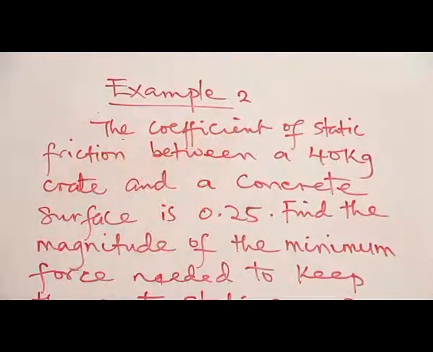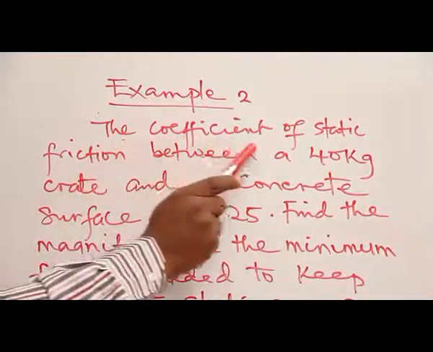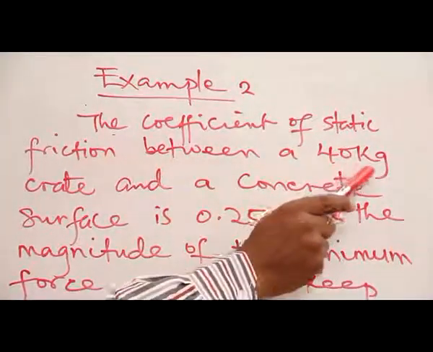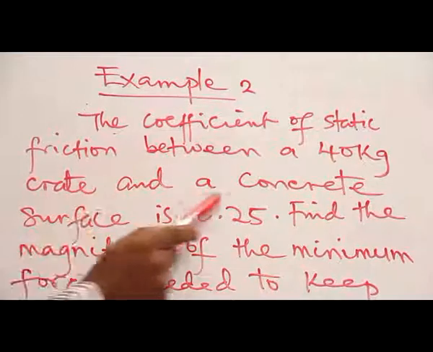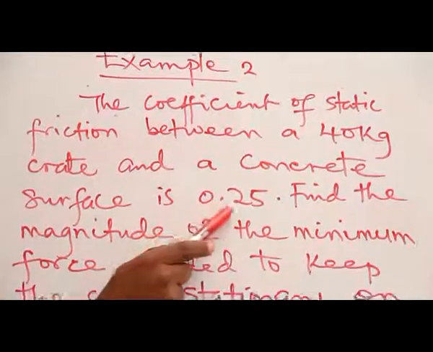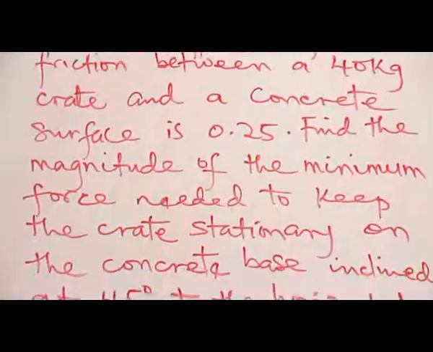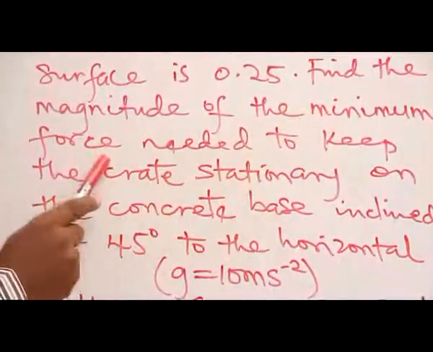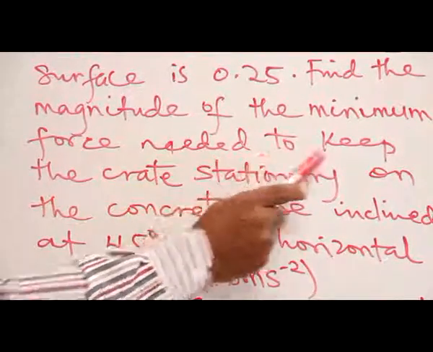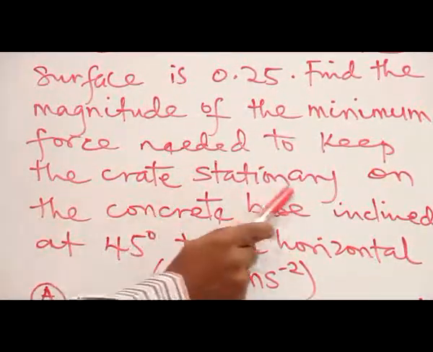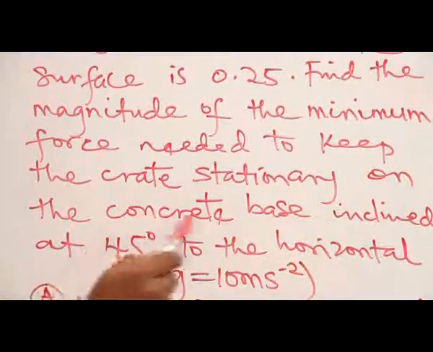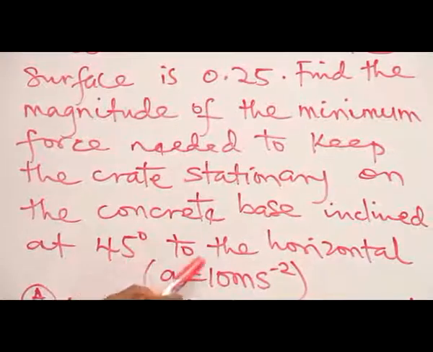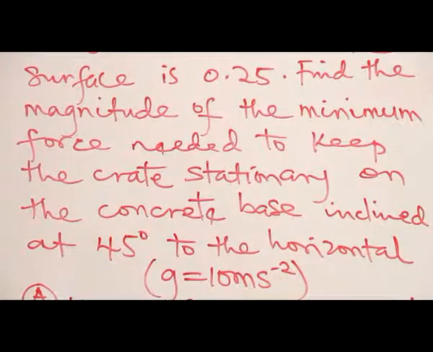Example 2. The coefficient of static friction between a 40 kilogram crate and a concrete surface is 0.25. Find the magnitude of the minimum force needed to keep the crate stationary on the concrete base, inclined at 45 degrees to the horizontal.